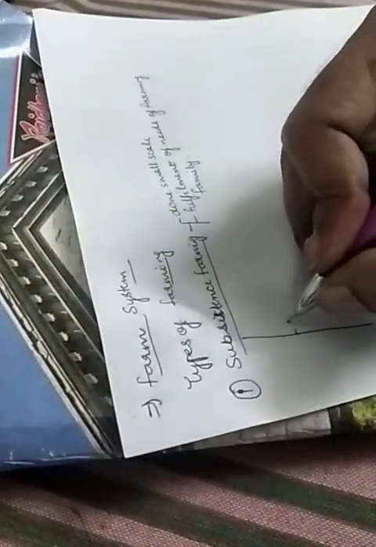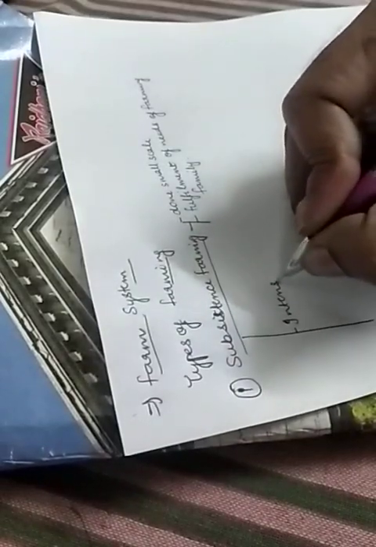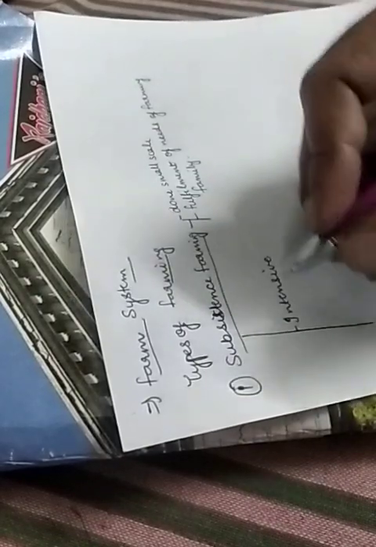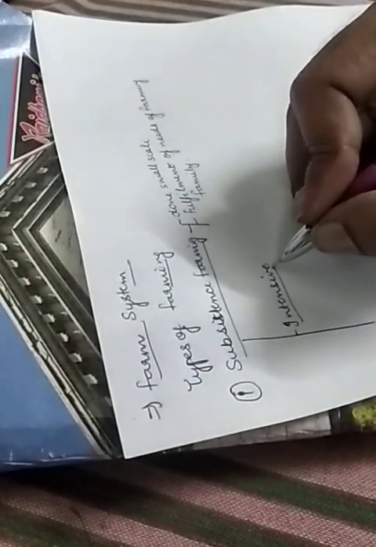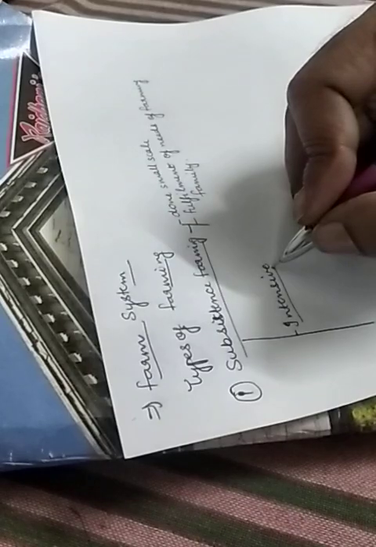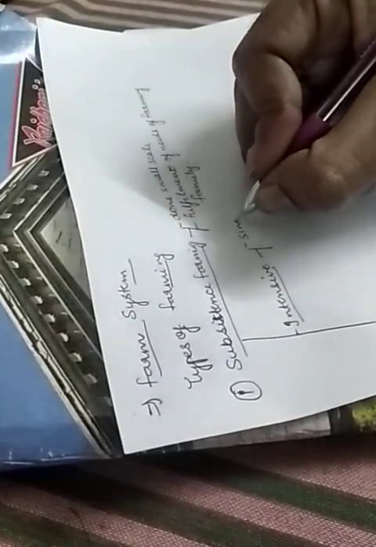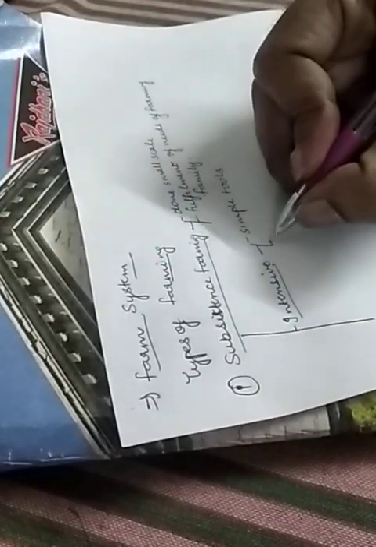And this is bifurcated into intensive and primitive. Intensive, what is intensive? Farming is done by simple tools on a low scale.